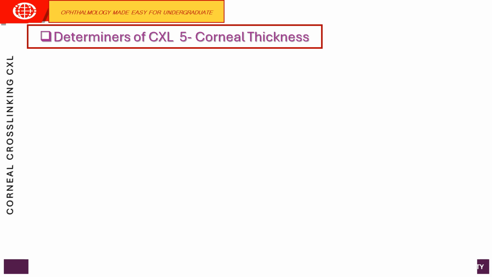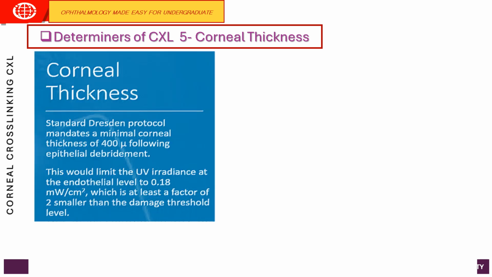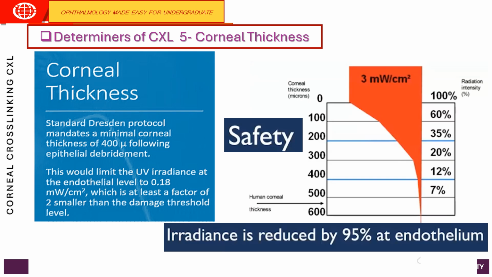So it is recommended that at least 400 micrometers should be available before you proceed with the cross-linking. And if not, you should choose the ultra-thin cornea protocol or sub-400 micrometer protocol to protect the endothelium.